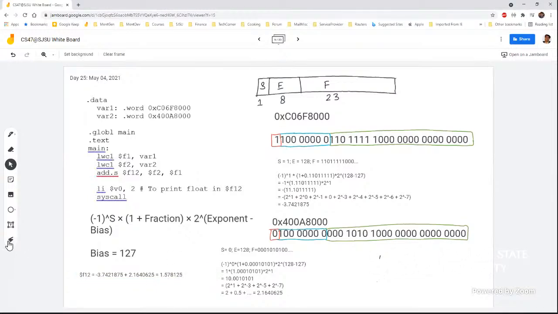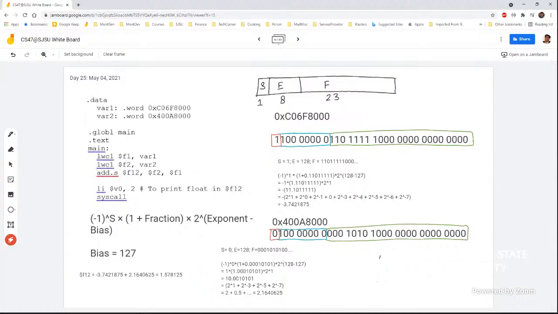So this number will be printed on the terminal through this syscall. Since F12 has a bit pattern that corresponds to this value, it will print 1.578125 on the simulation terminal.